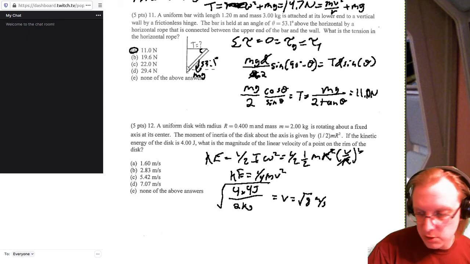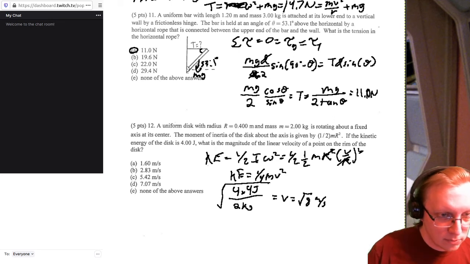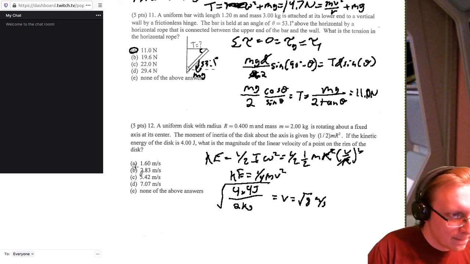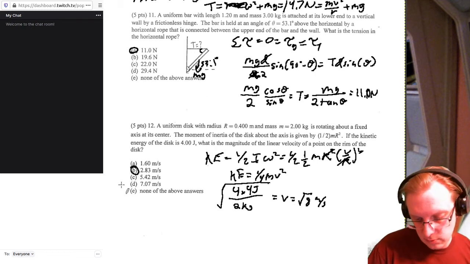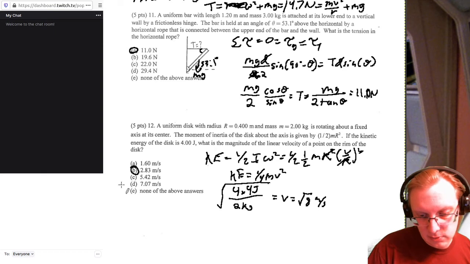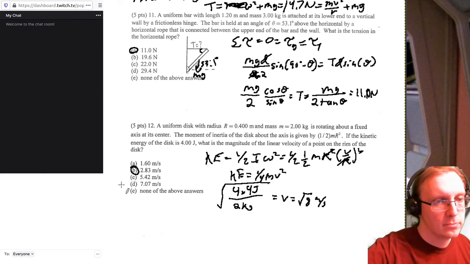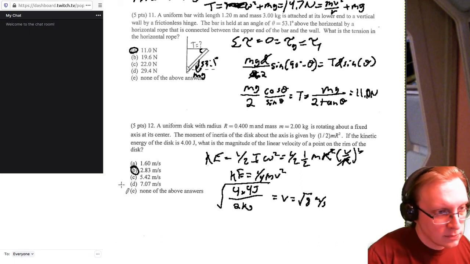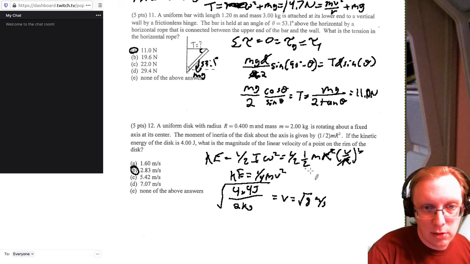That's going to be more than 2 and less than 3. Square root of 8, more than 2 and less than 3. 2.83 meters per second. All right.